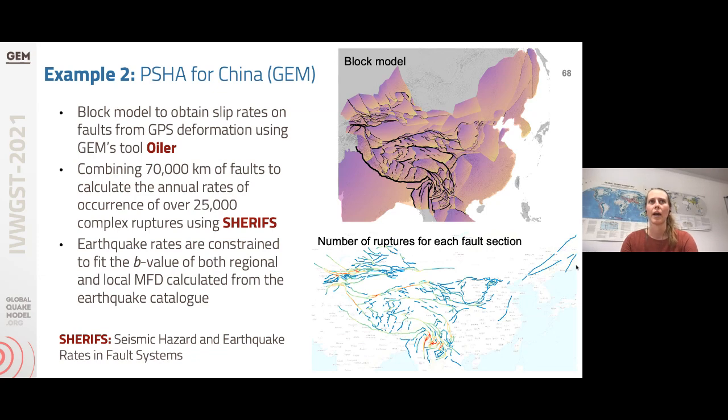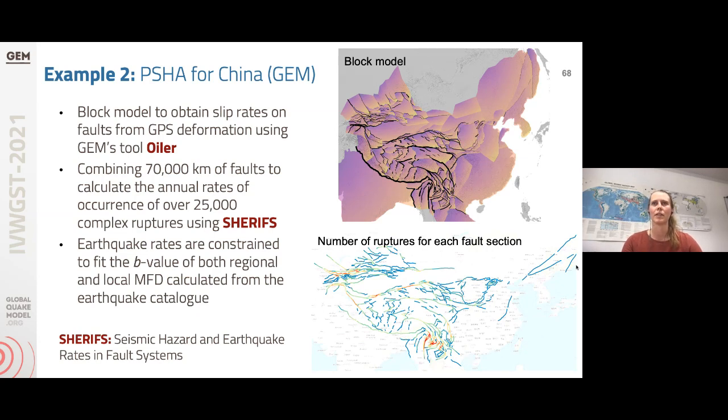And so this was an opportunity to use a tool being developed called Euler, which is using GPS deformations in order to model the slip rates on the faults and use this as an input to SHERIFS.